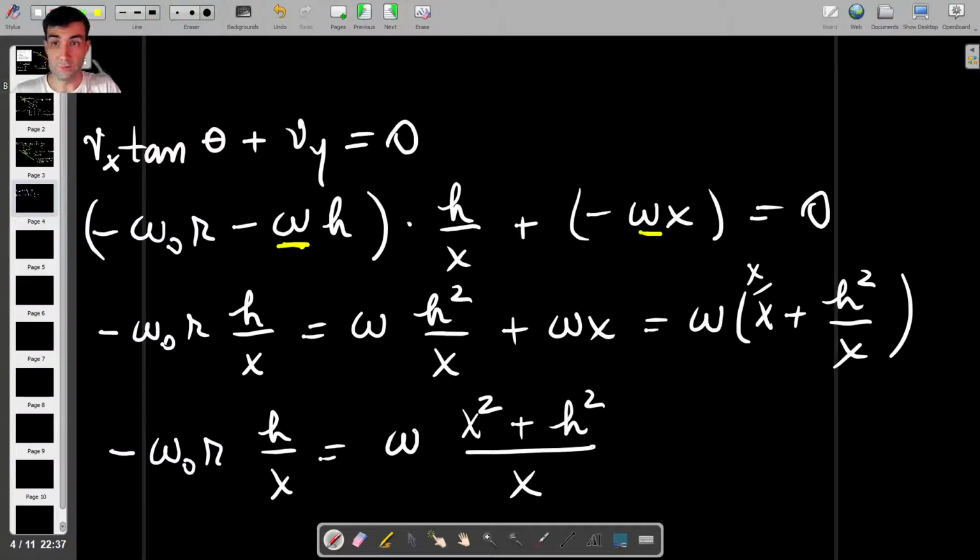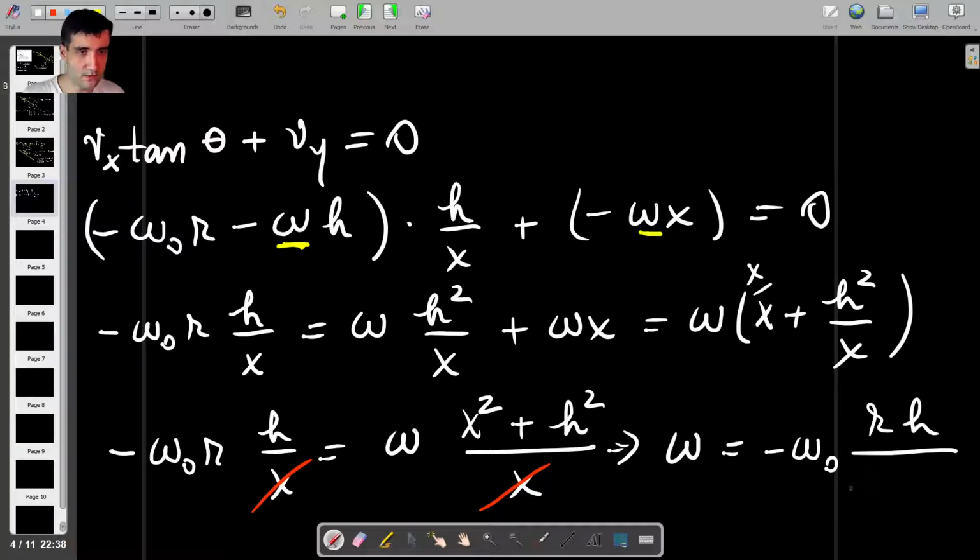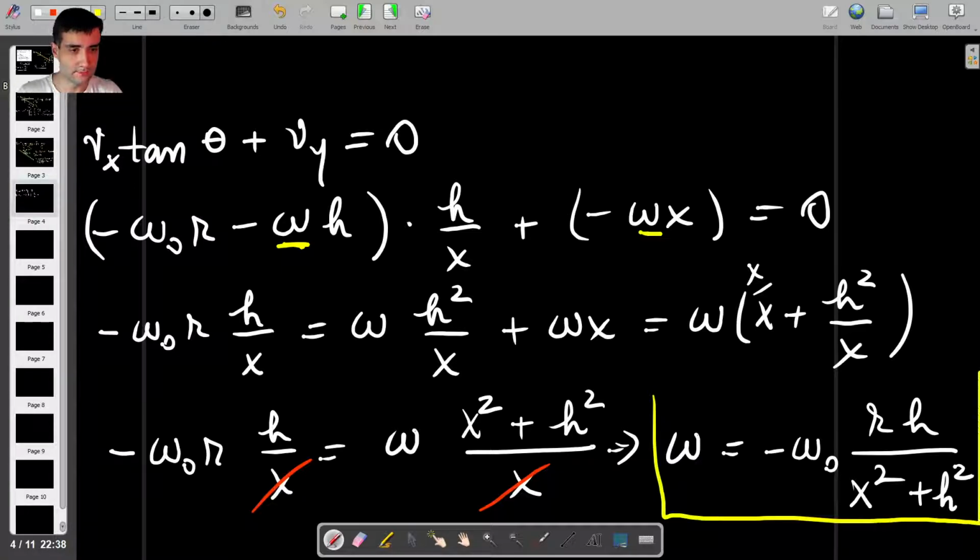As you may notice, now we can cancel out the x's in the denominators, giving us an omega of minus omega naught, and then we have r h over x squared plus h squared, and that's the final result.